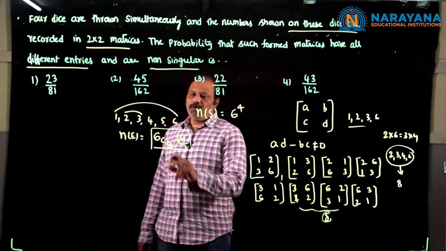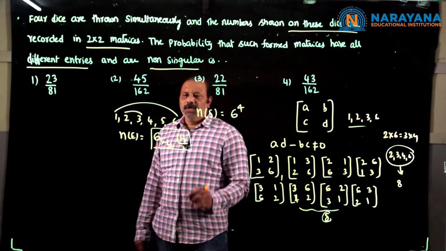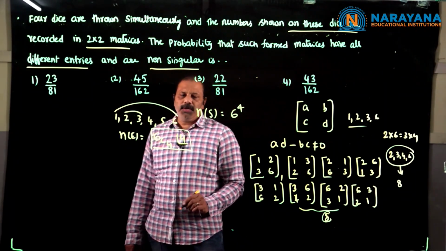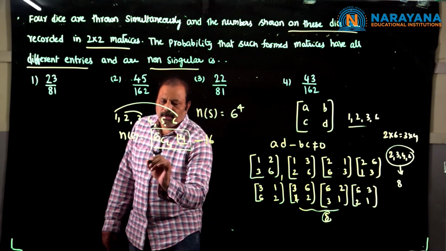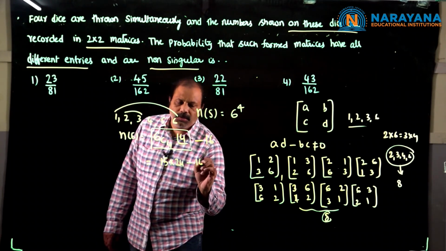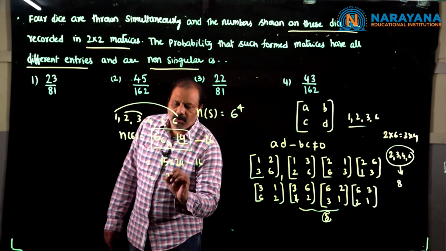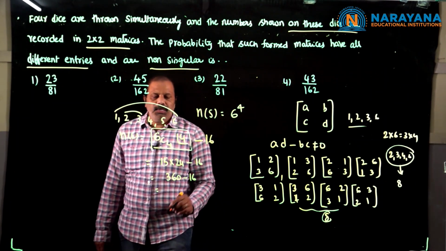Therefore, we need to subtract these 16 singular matrices from 6C4 into 4 factorial. 6C4 is 15, so 15 into 24 minus 16. This is 360 minus 16.